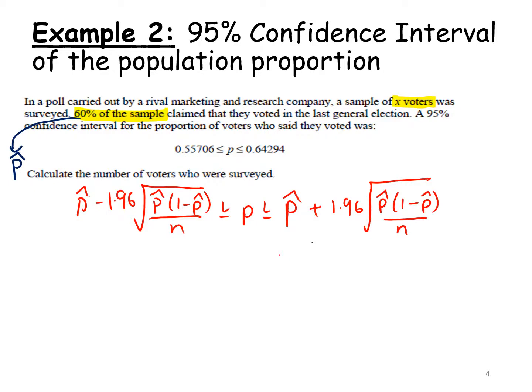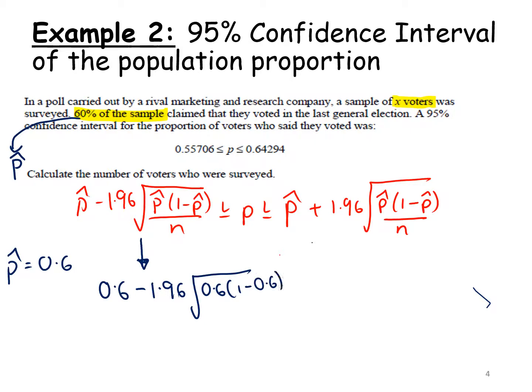Now, we can simplify this slightly. We know that p hat is 0.6, and that's great. So I could just take this side here and say I have 0.6 minus 1.96 square root of 0.6 times 1 minus 0.6 all over n, and that should give 0.55706, and I can work with that.